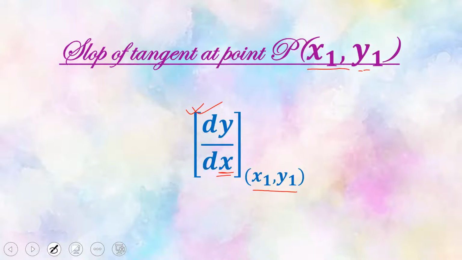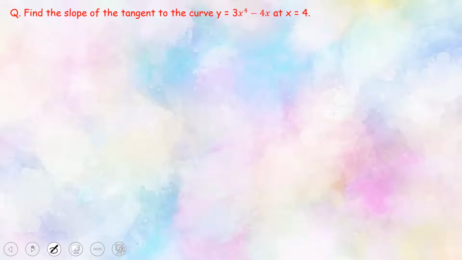So let's find the slope of a tangent for a particular function. Here is our first function, y is equal to 3x to the power 4 minus 4x. And you need to find the slope of the tangent at the point x is equal to 4. So firstly find the derivative dy/dx. What is dy/dx? Derivative of this function, that is 3 into derivative of x to the power 4, which is 4x cube, and derivative of 4x is minus 4.